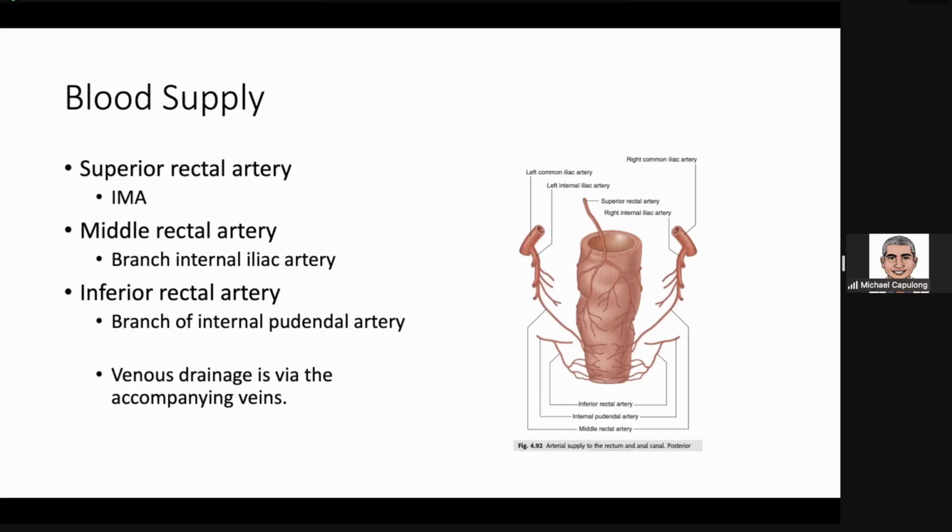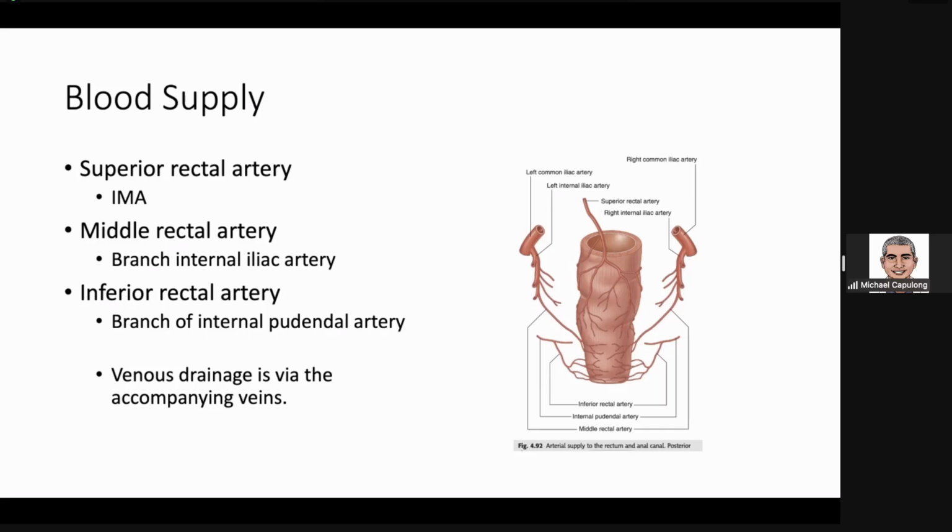The lymph vessels of the upper rectum drain into the pararectal nodes and then into the inferior mesenteric nodes. Lymph from the lower part of the rectum follow the middle rectal artery to the internal iliac nodes. Nerve supply come from the inferior hypogastric plexus.